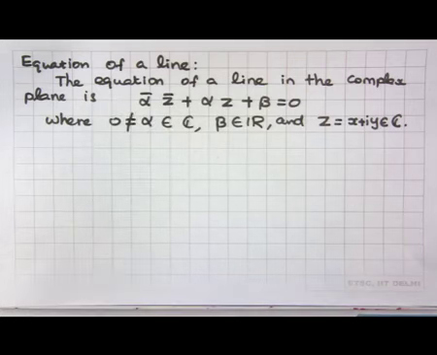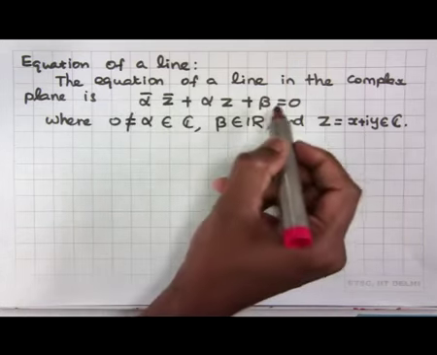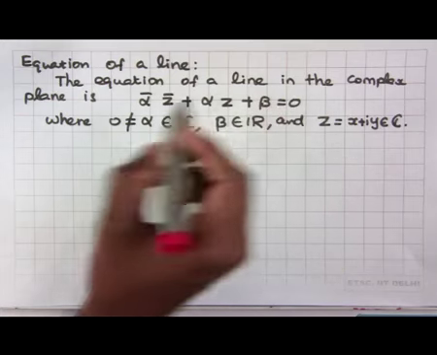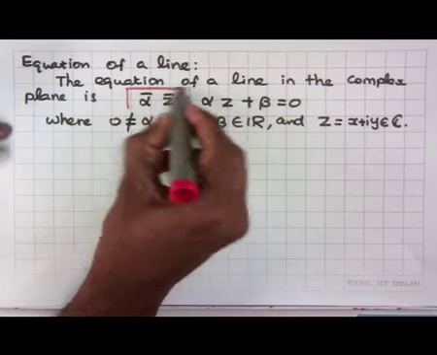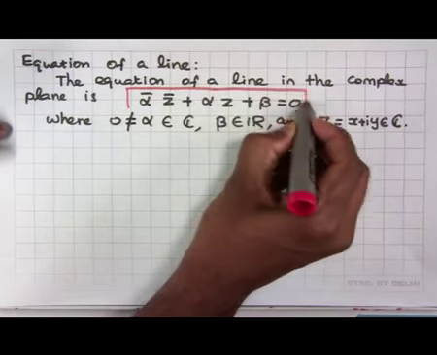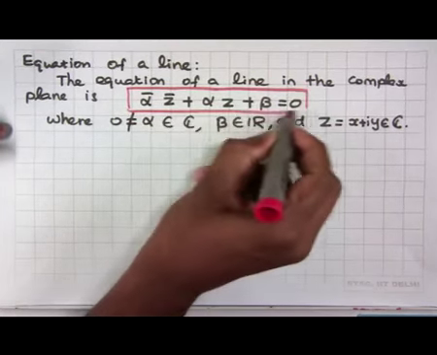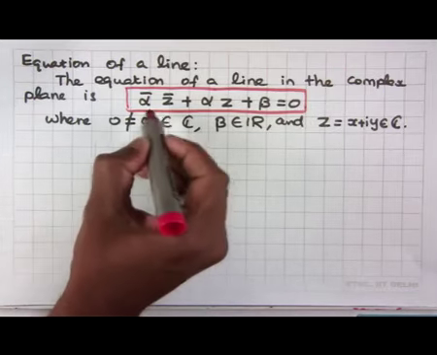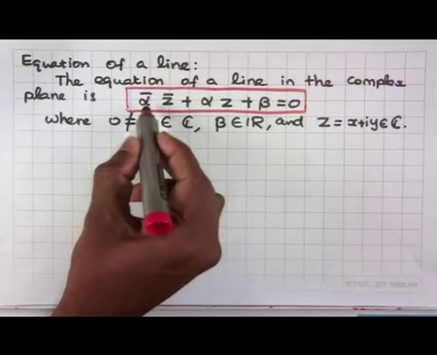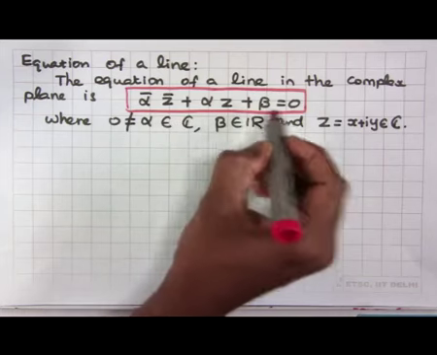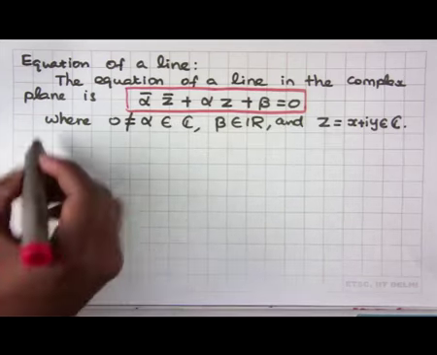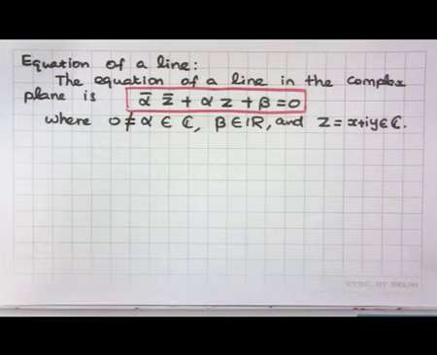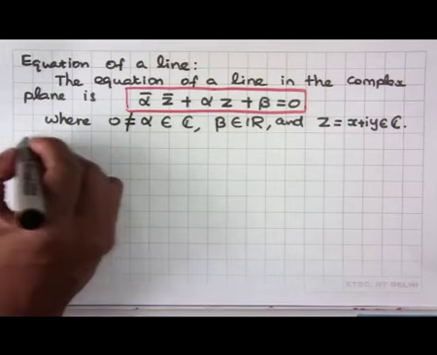We will show that the equation of the straight line in the complex plane is given by alpha bar z bar plus alpha z plus beta equal to 0, where alpha is a non-zero complex number and beta must be a real number. So, let us derive this.